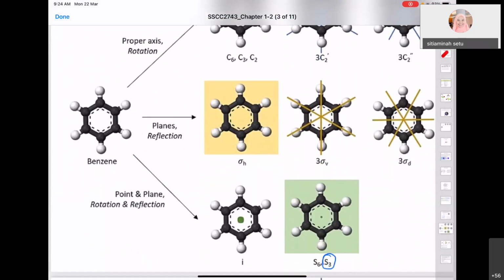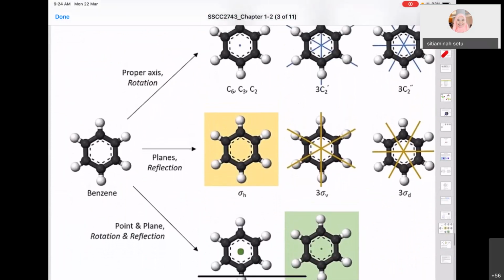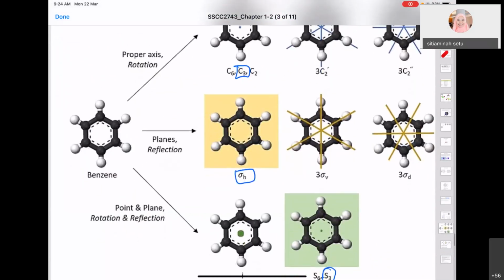S3 nombor ganjil, that mean dia mesti ada rotation dan dia mesti ada reflection. So kalau kita tengok semua symmetry elements, semua symmetry operation of benzene, dia ada C3 dan dia ada sigma H. Kalau S dengan N tu nombor ganjil, dia mesti ada rotation dan dia mesti ada reflection.